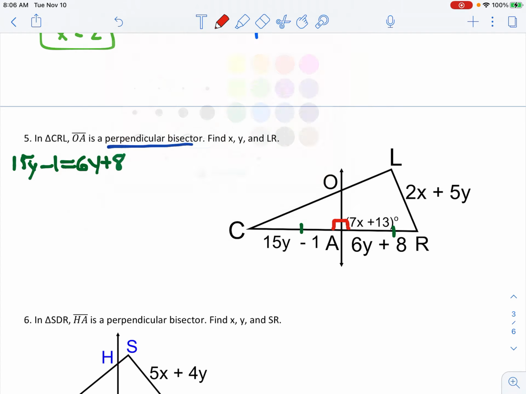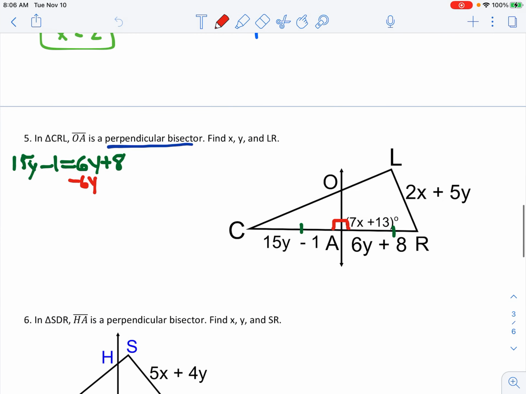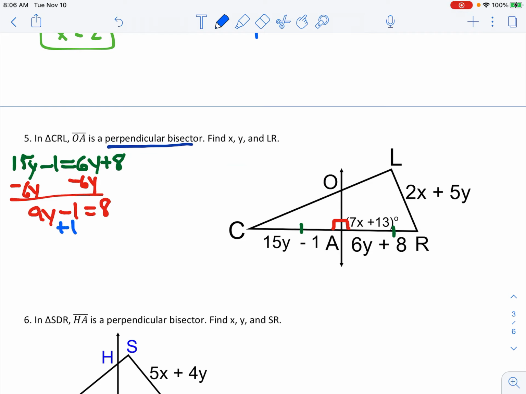We are going to solve this first. So minus 6y from both sides. All right, I'm left with 9y minus 1 is equal to 8. All right, let's add our 1 over. I'm left with 9y equals 9. Divide by 9 and we get our first answer, y equals 1 for this problem.